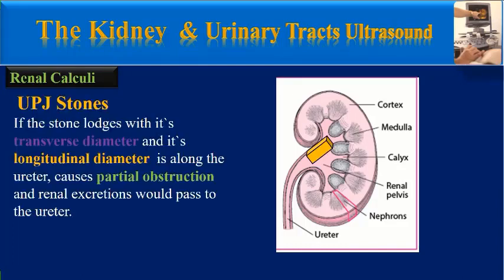If the stone lodges with its transverse diameter and its longitudinal diameter is along the ureter, it causes partial obstruction, and renal excretions would pass to the ureter, as you can see in this image.